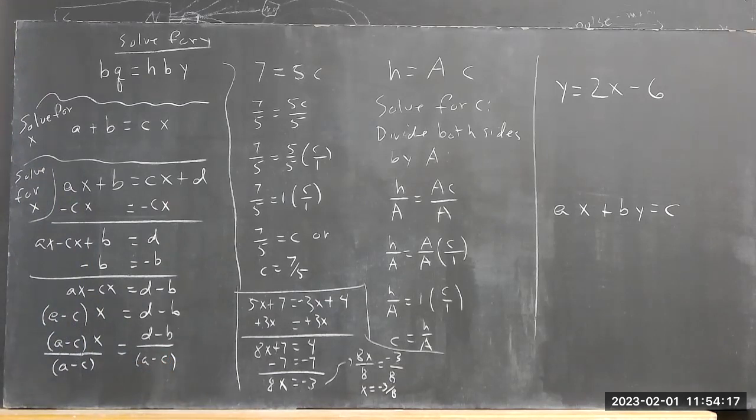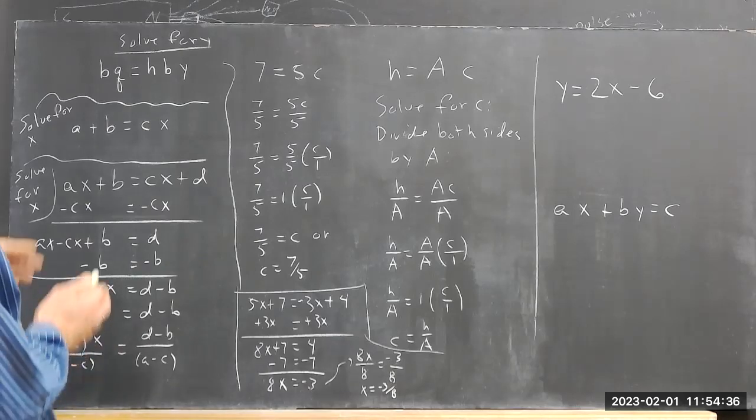I don't want to put this divide by A minus C here, because if I've got a mistake, I want to see one clean step at a time. It's easier to find mistakes that way. Mistakes happen.